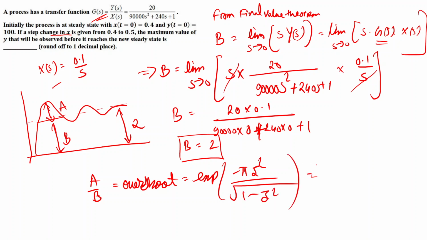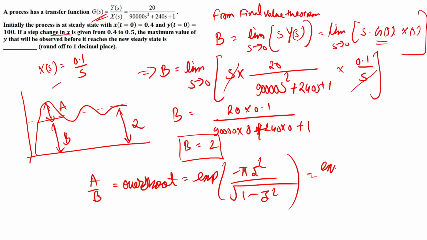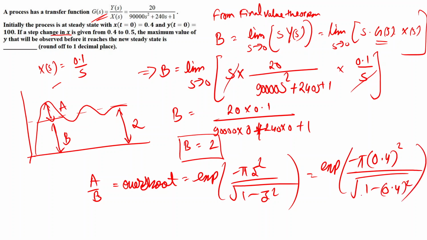We can replace the value of zeta calculated in the earlier slide as 0.4 in this equation, and it will become 0.4 square upon the root of 1 minus 0.4 square.